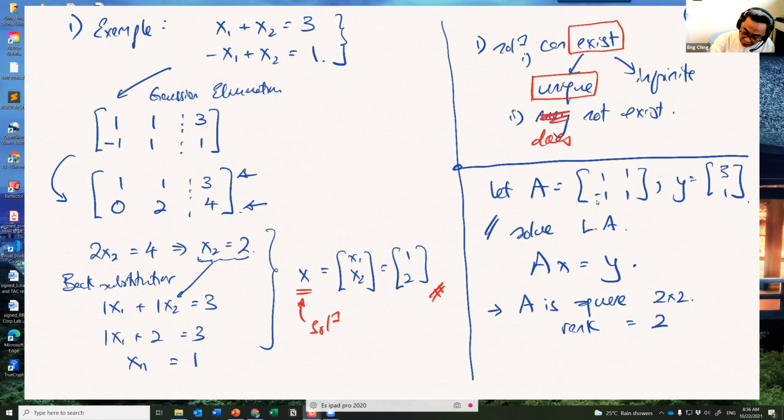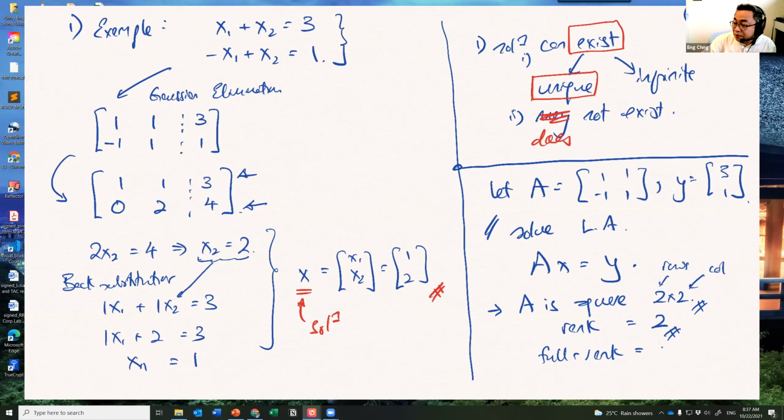Now, this is also sometimes called full rank, because my rank is 2, and the number of rows and number of columns, actually this rank achieves the maximum rank that it can get. So we call it a full rank matrix.